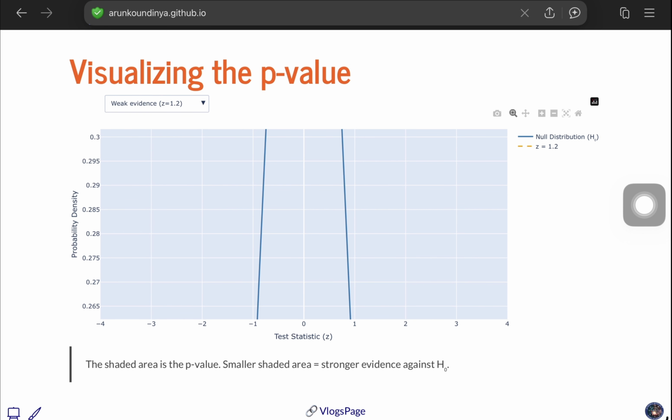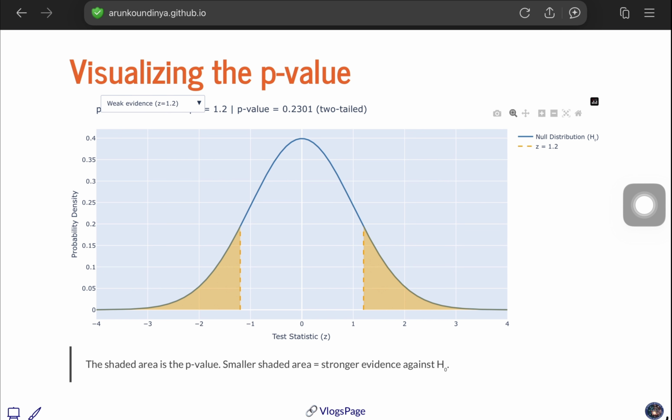Okay, let me refresh this slide. Now you can see that if my probability here is 0.23, we cannot reject the null hypothesis. And as I change it, you can see that it falls in here.